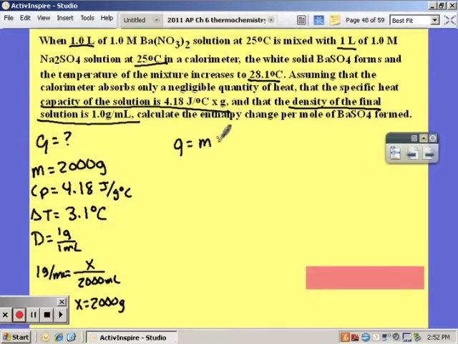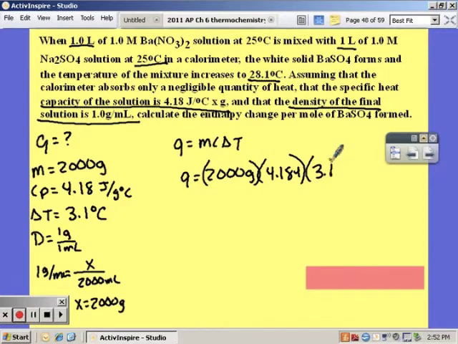We can plug that in and solve for Q. And our unit for this is joules.